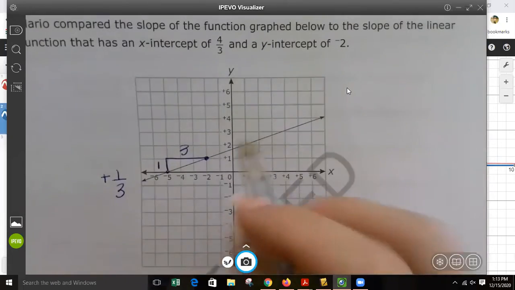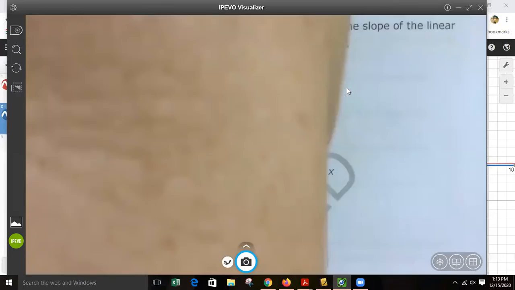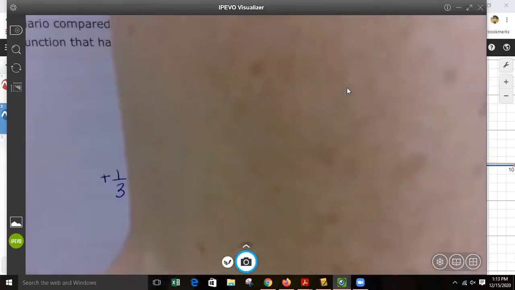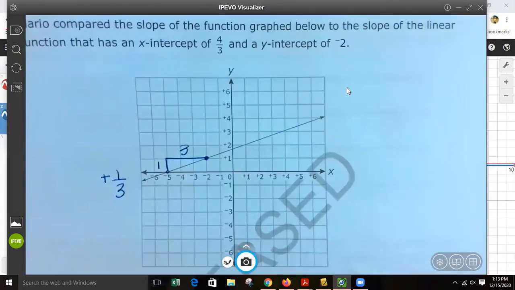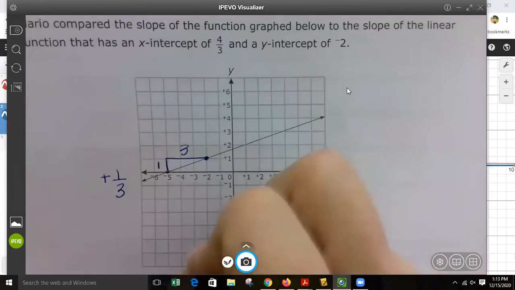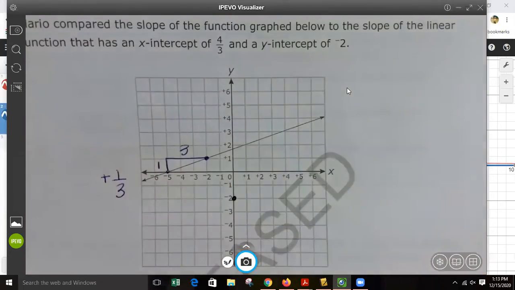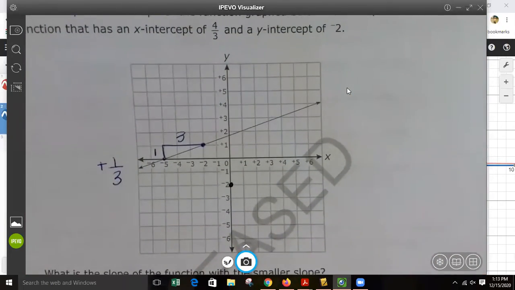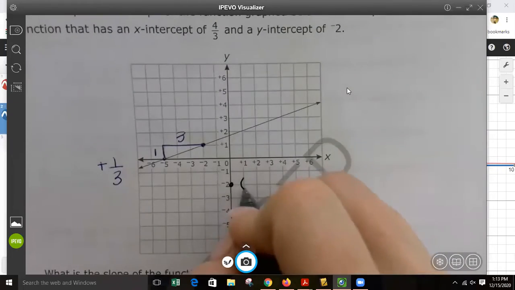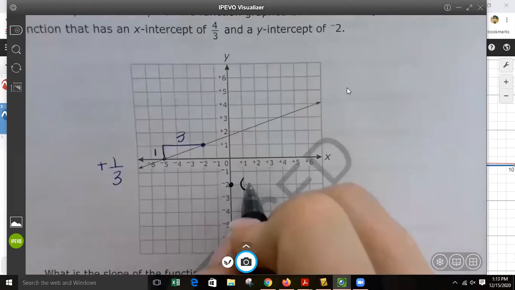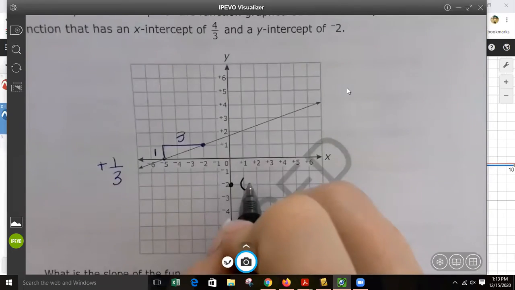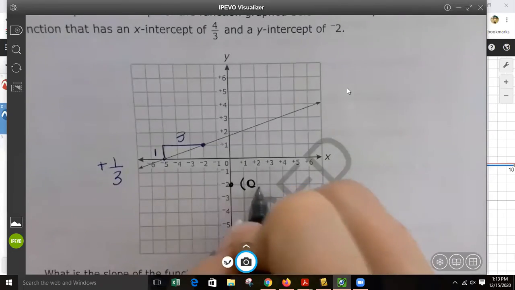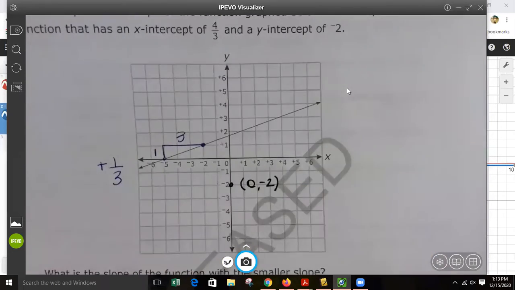So if I had a y-intercept, I'll use a different color or try to. I don't know if this pen's going to work. And I start at -2. What is that coordinate? Like, what's the actual point? Zero, -2. And then if I go to 4/3, 4/3 is 1 1/3.